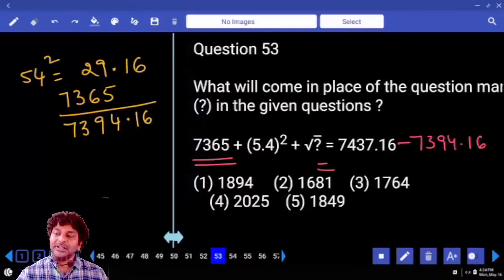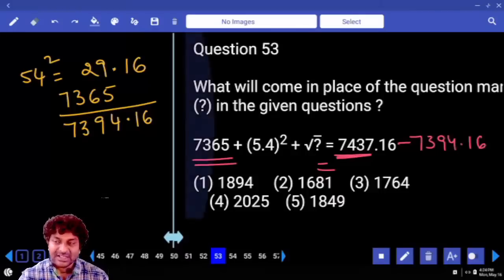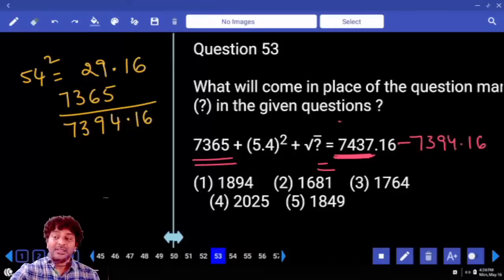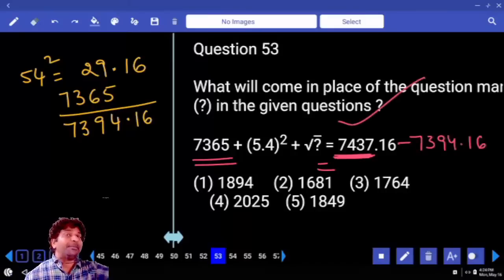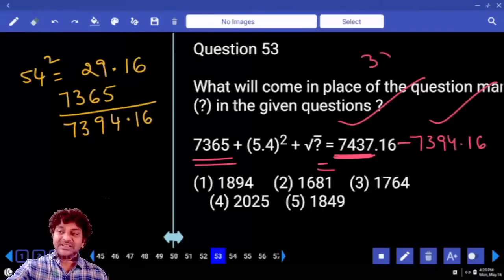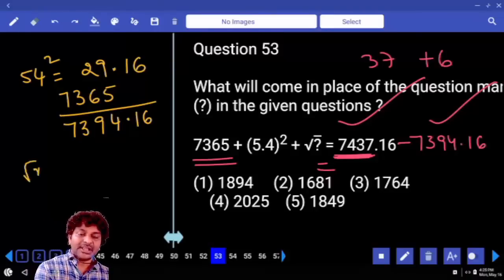Now, how much more than 7,400 is this? 30. How much less than 7,400? 6. So the difference, 37 plus 6, is equal to 43.